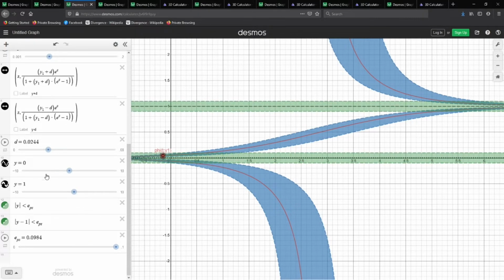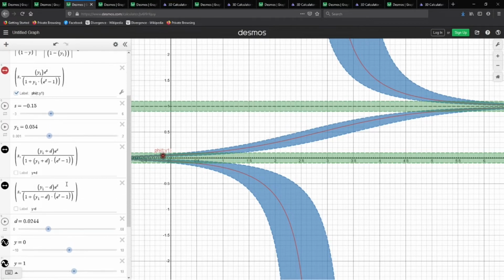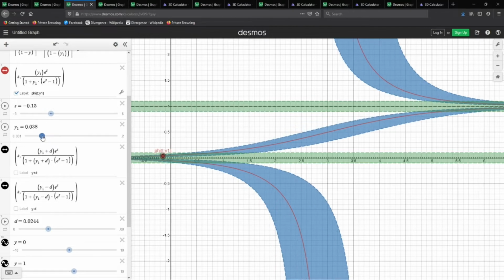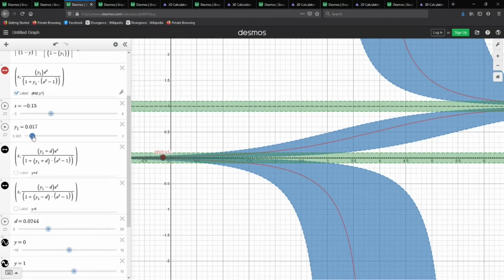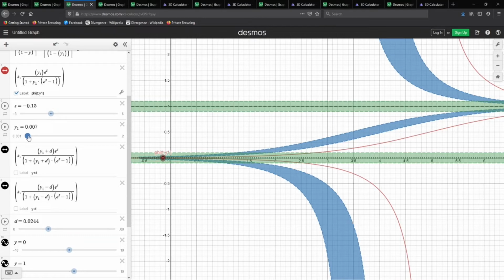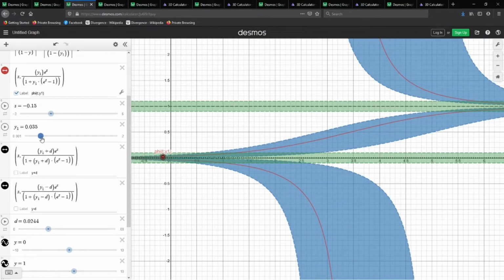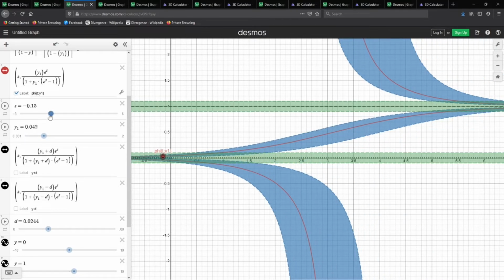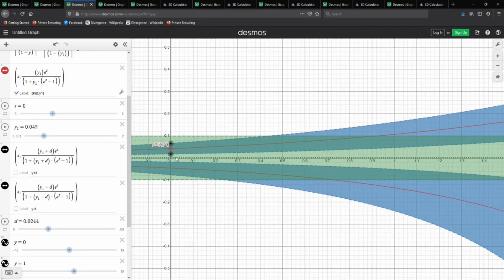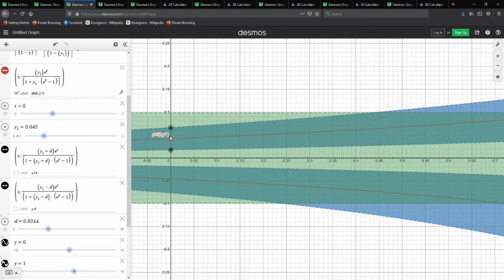But you can see that if we start with our solution with an initial condition right here, this is our initial condition.